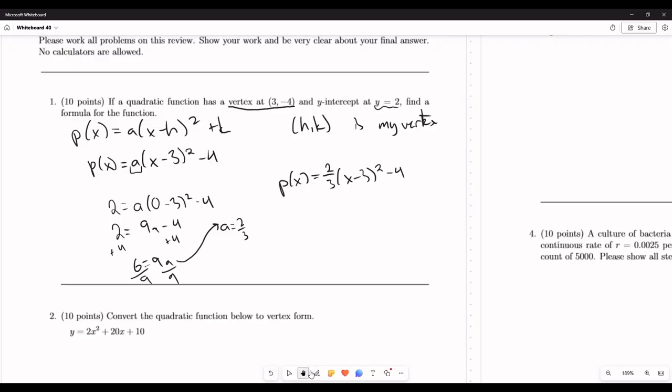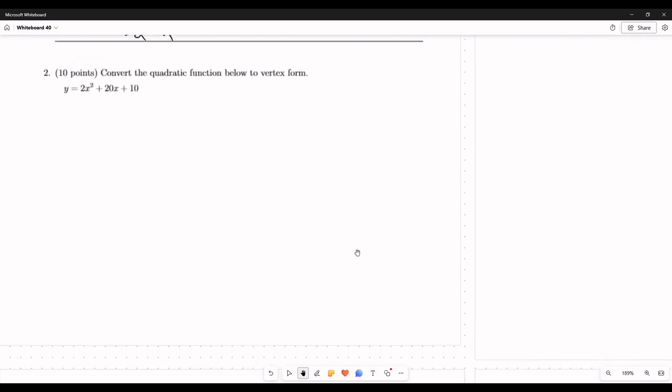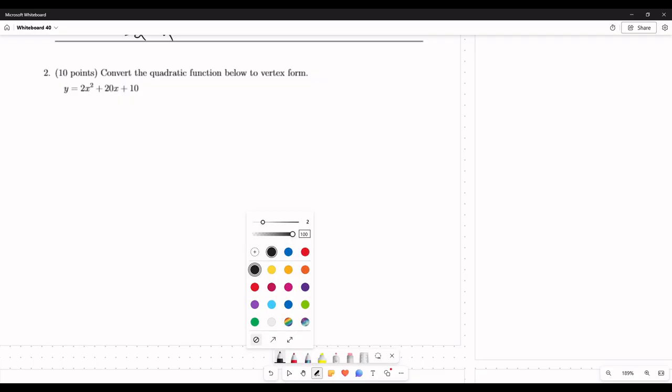Okay. Next, we want to convert a quadratic to vertex form. You might have seen something called completing the square, which is kind of the official way to do this, but we're going to do this a little bit of a quicker way, which is just by using the formula for the vertex. So what's the vertex?